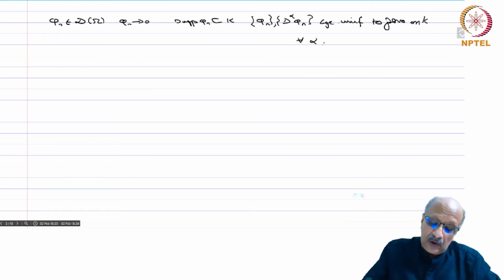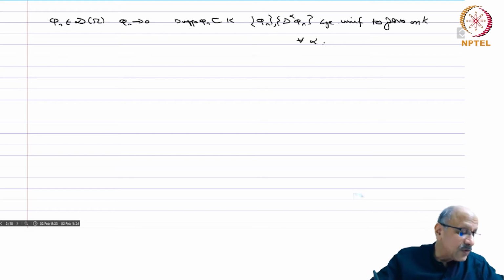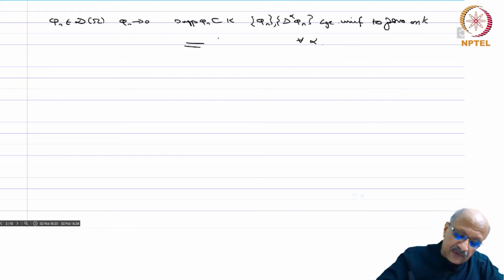So this is the way we use this notation. Now we want to introduce derivatives of distributions.